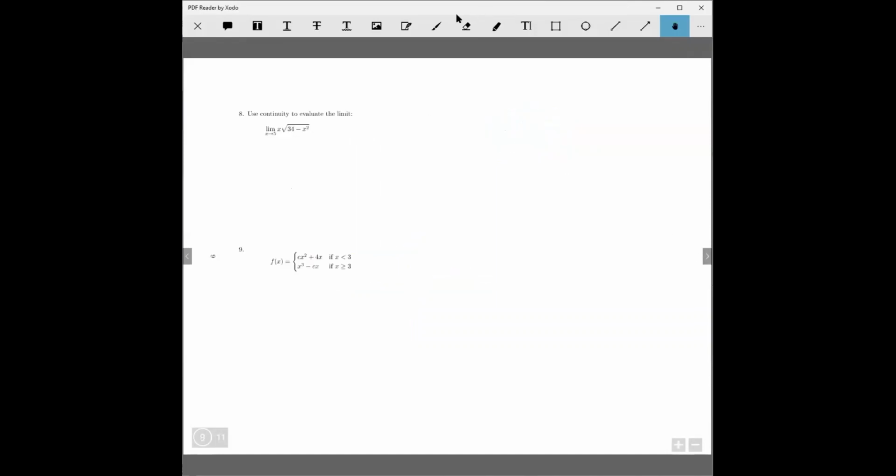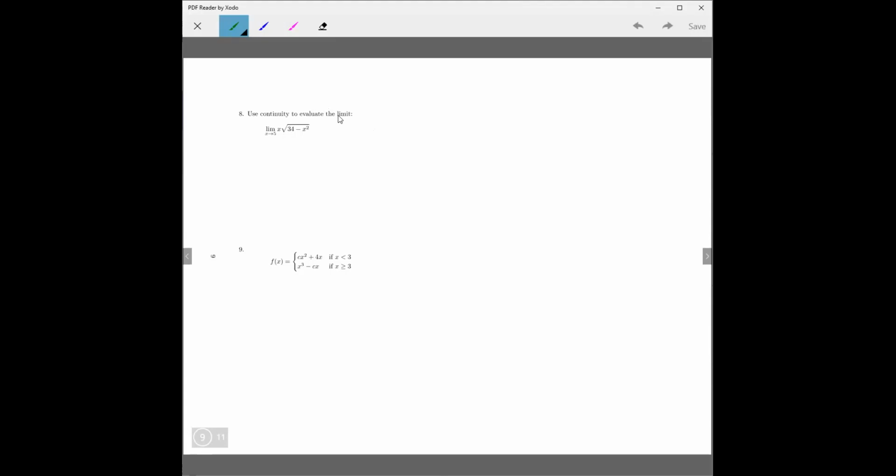To number 8. Use continuity to evaluate the limit. Again, this is going to be continuous everywhere because it's a composition of a square root function and a polynomial, and another polynomial multiplied by a polynomial.